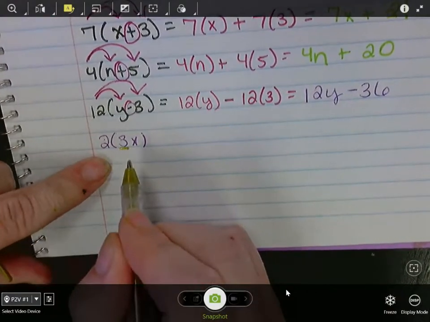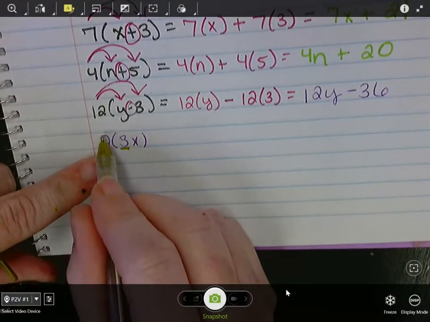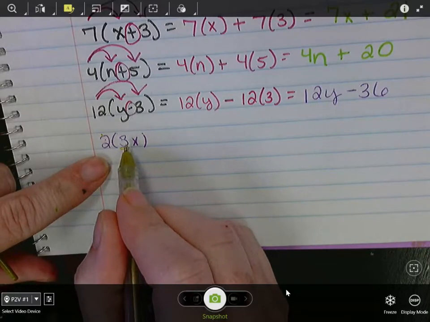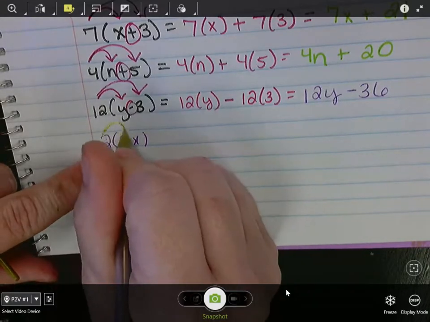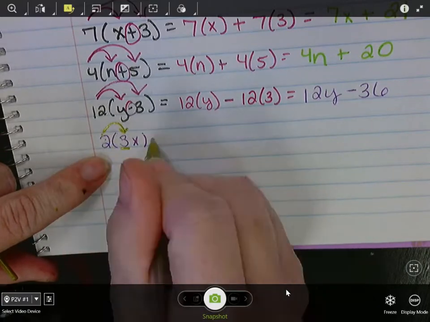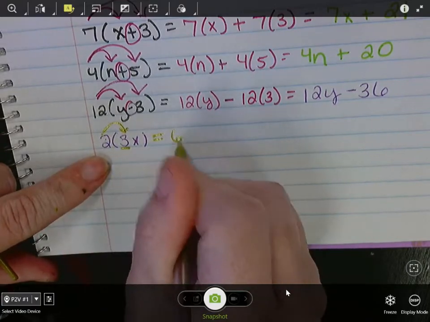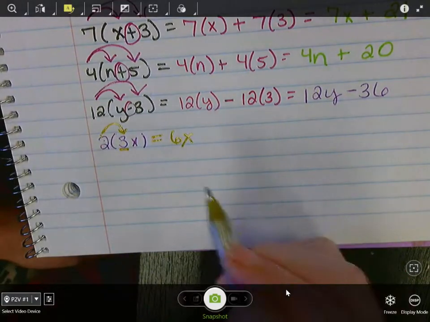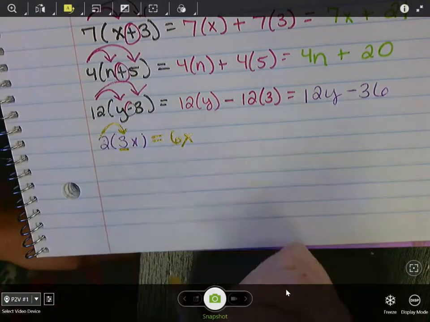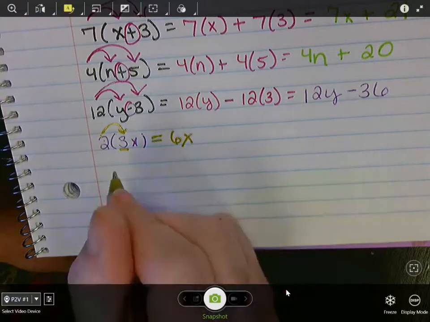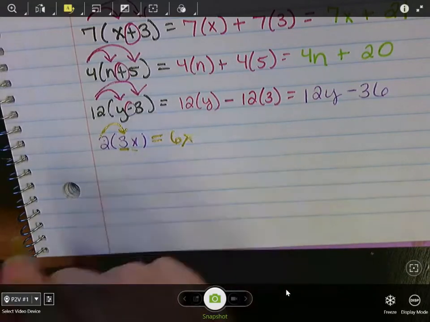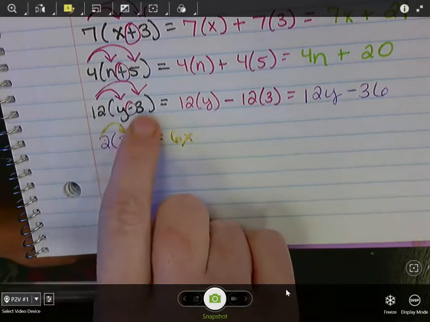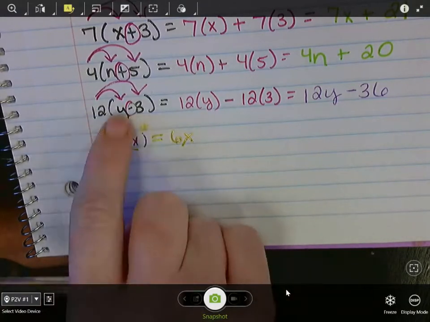So anytime you multiply a number by a term that has a coefficient, all you do is multiply it by the coefficient. So you would do 2 times 3, which is 6x. And so your answer would be 6x. 2 times 3x would equal 6x. Because this is all one term. 3x is one term. So you only have to multiply it once. Here is 2 terms. So we had to multiply it twice.